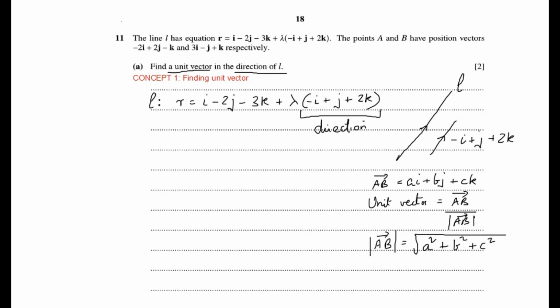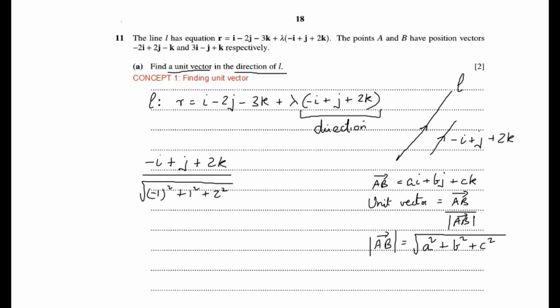Right? So applying this to our direction vector, which is minus i plus j plus 2k, we are going to divide it by its modulus, which is root of negative 1 the whole squared plus 1 squared plus 2 squared.